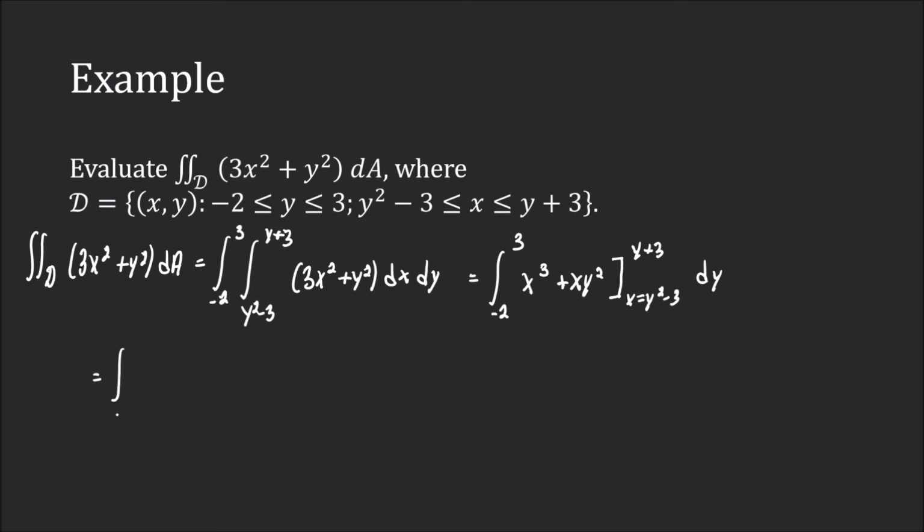So we have the integral from minus 2 to 3 of y plus 3 cubed plus y plus 3 times y squared, then minus y squared minus 3 cubed minus y squared minus 3 times y squared.